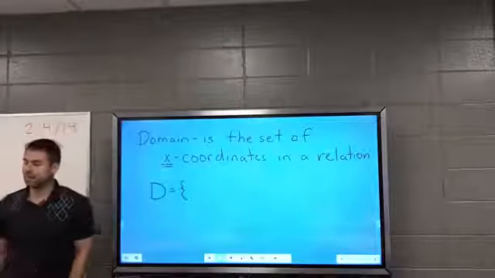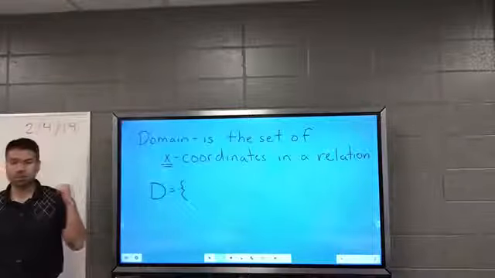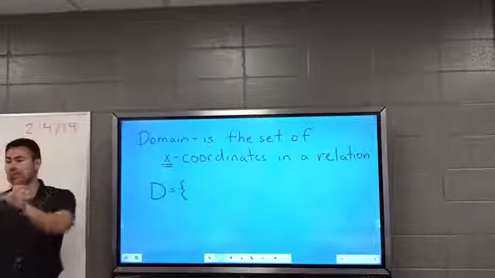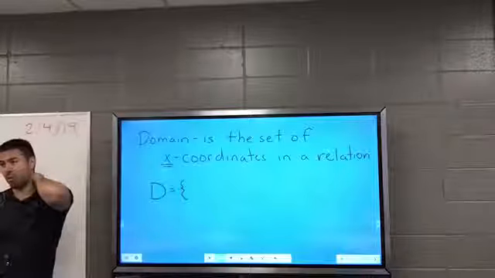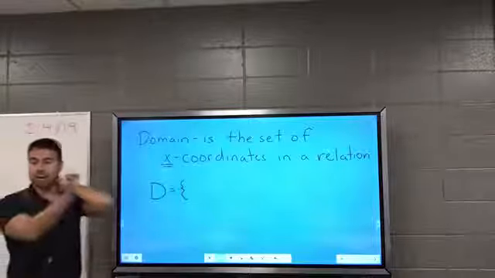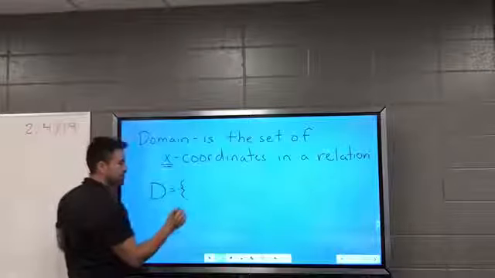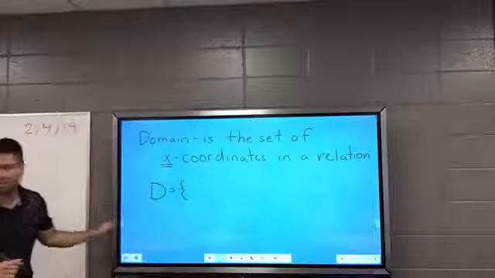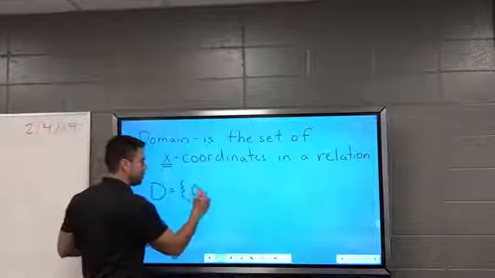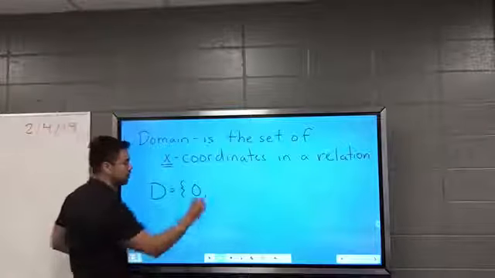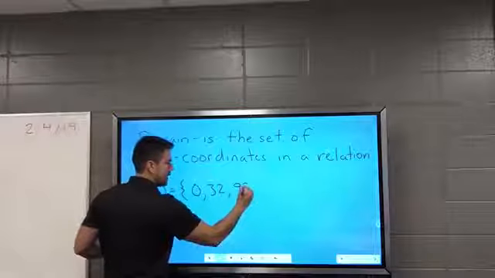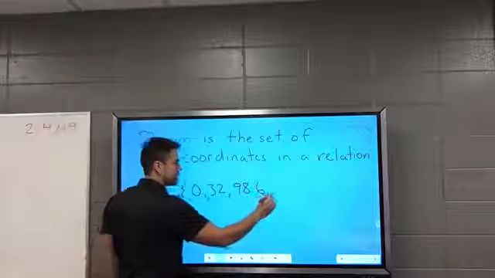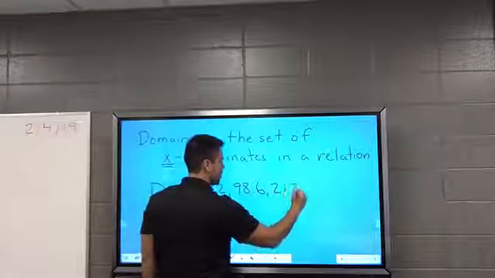Can you guys give me, for that set of ordered pairs, all the x values in order from least to greatest? So what are the x values in those four ordered pairs? Least to greatest. What's the first one? 0. Next one. 32. Next. 98.6. And last. 212.